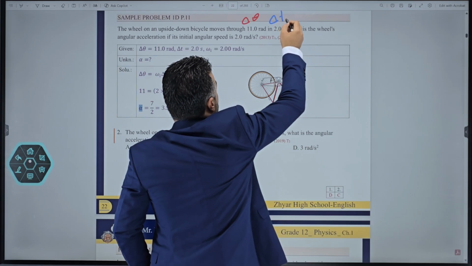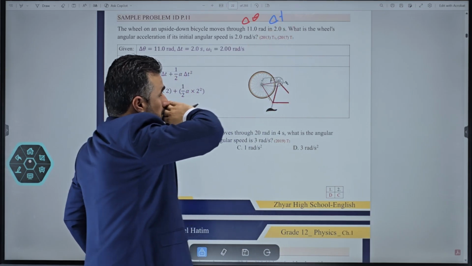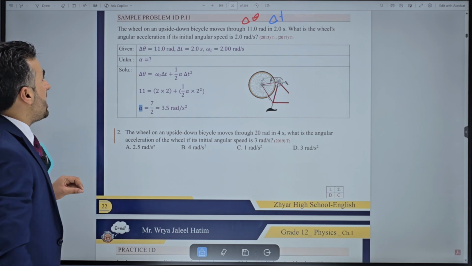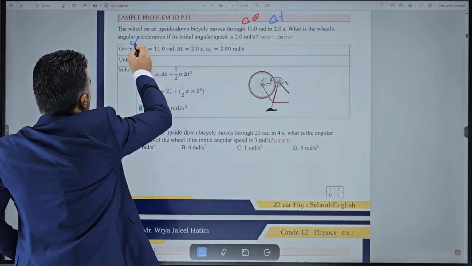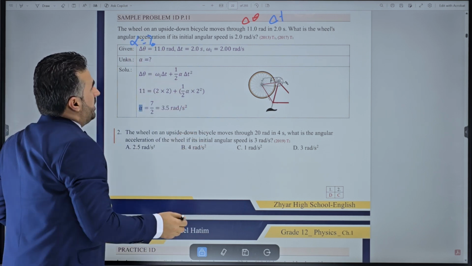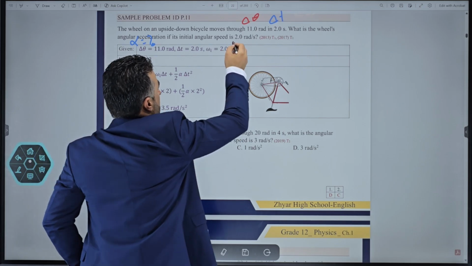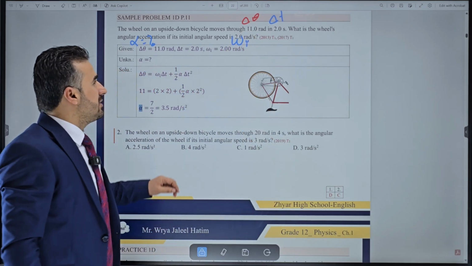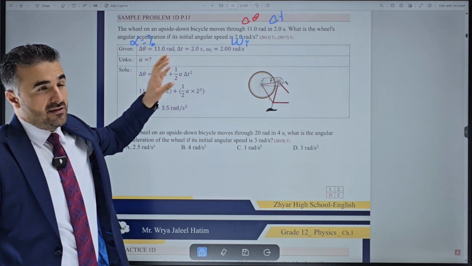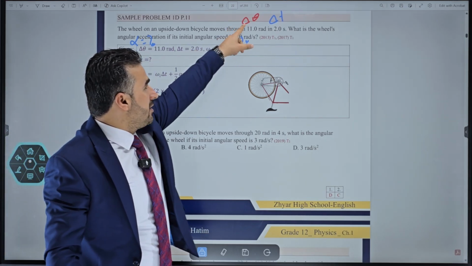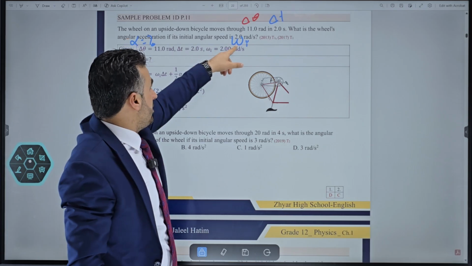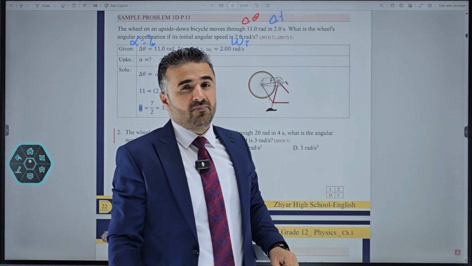So this is delta t that is given here. The question asks, what is the wheel's angular acceleration? So angular acceleration is unknown here. The initial angular speed, omega initial, is this much here. So take a look at what is given and what is not given here. We have delta theta, there is delta t, there is angular acceleration required, and then omega initial is given.